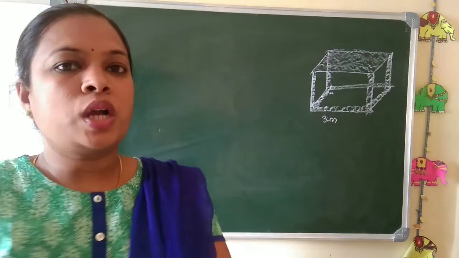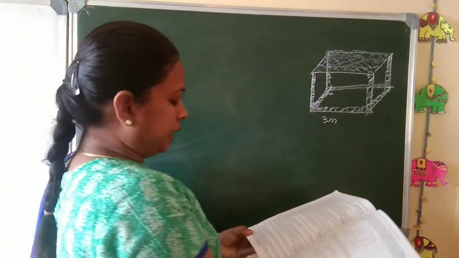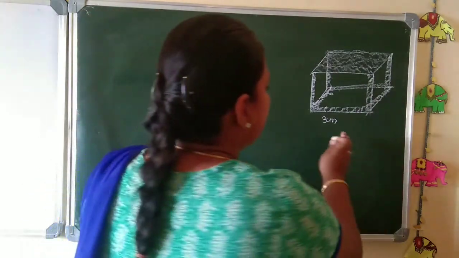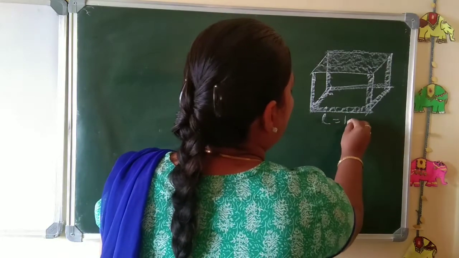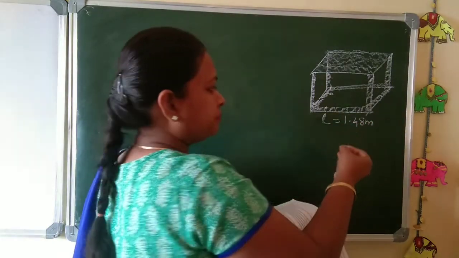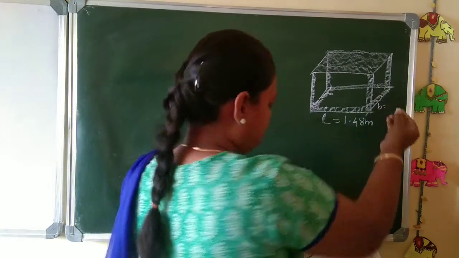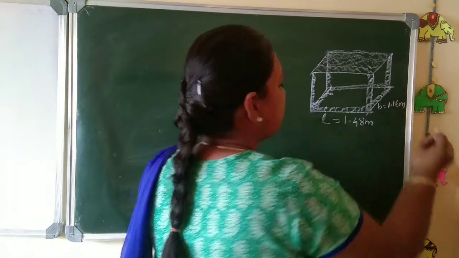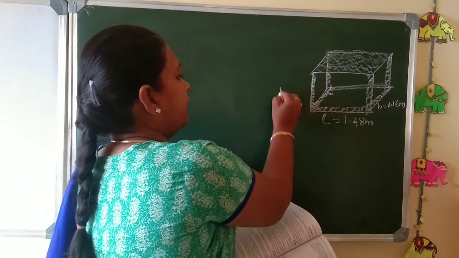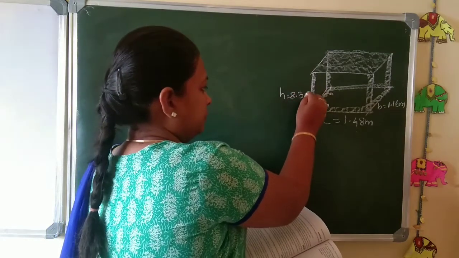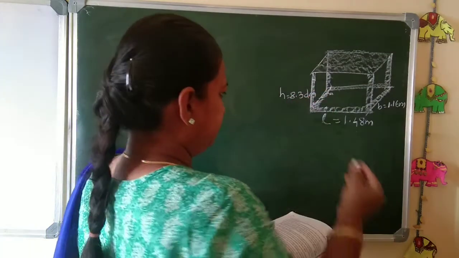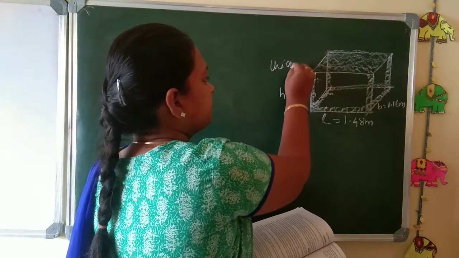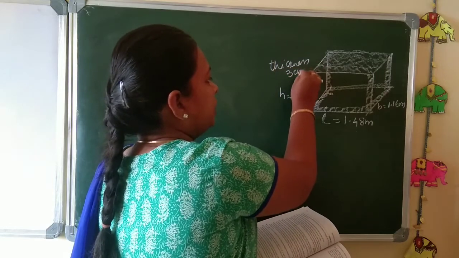Now we will see what the length, breadth and height are. The length is 1.48 meter, breadth is 1.16 meter, and height is 8.3 decimeter, and the thickness everywhere is 3 centimeter.